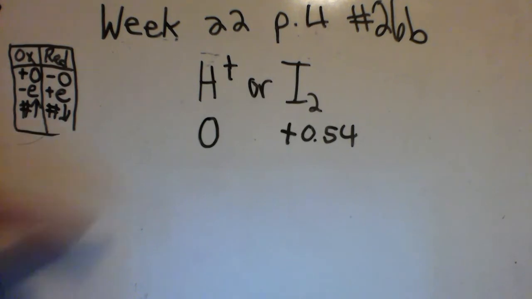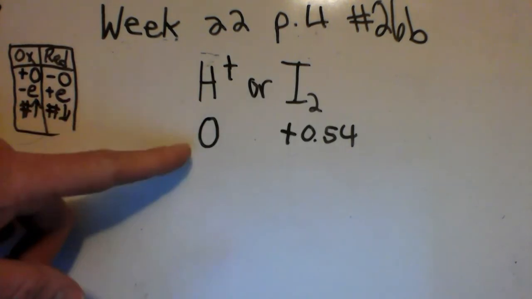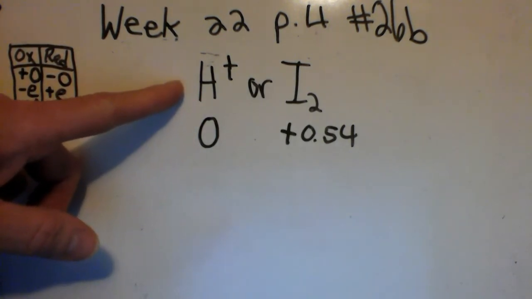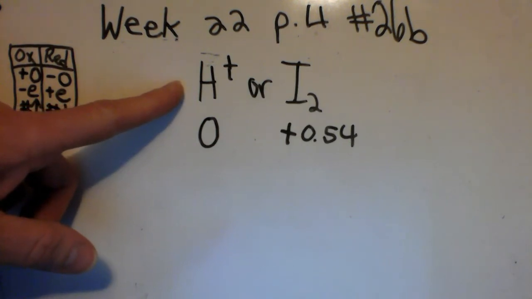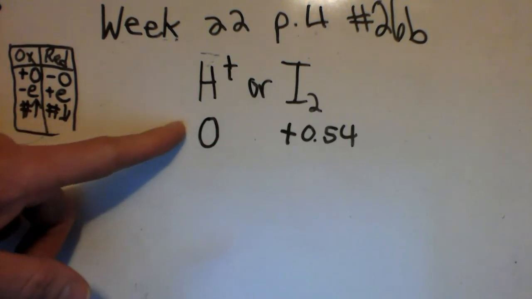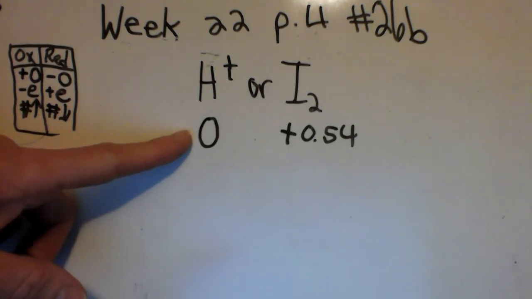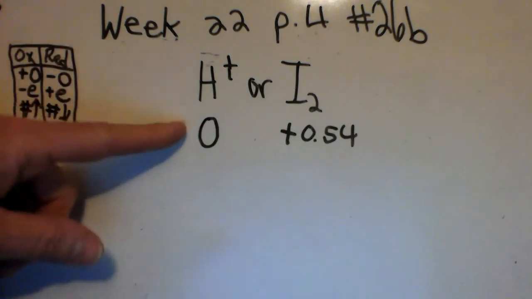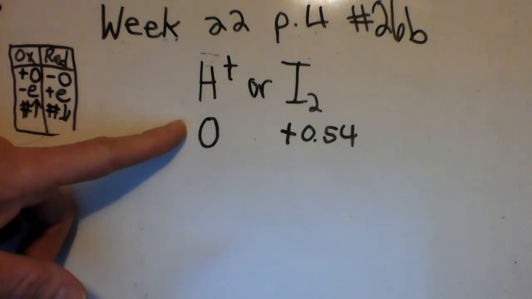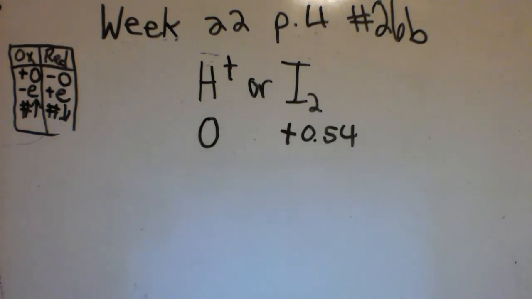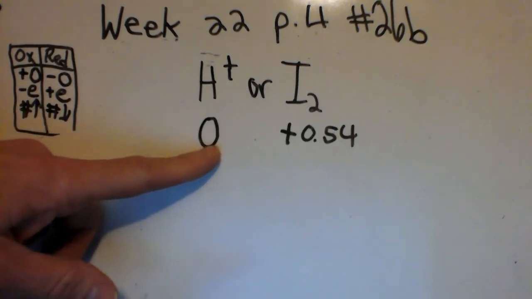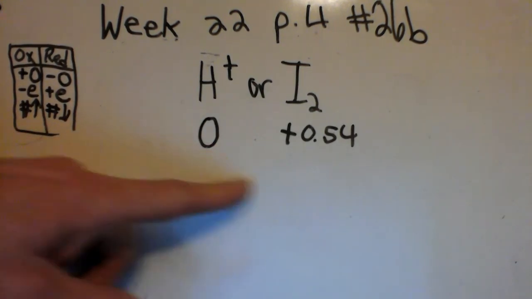If we look at the chart, we see that hydrogen is the atom to which all reduction potentials are compared. Hydrogen is 0, and if it is more likely to be reduced than hydrogen, then it has a positive number. If it's less likely to be reduced than hydrogen, it has a negative number. So hydrogen's reduction potential is 0.